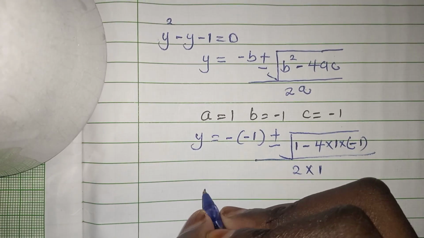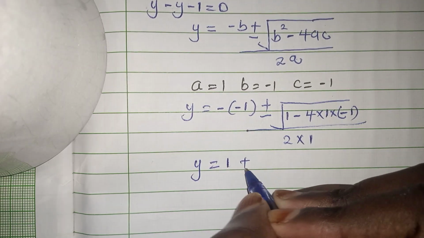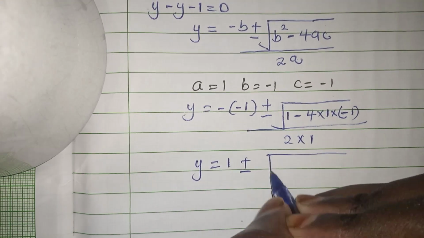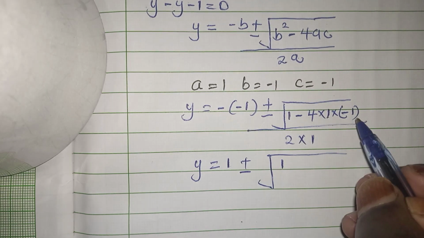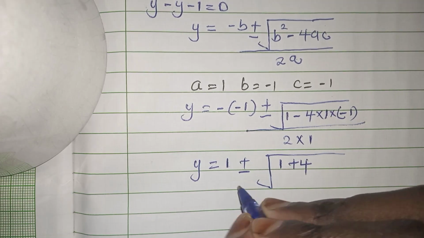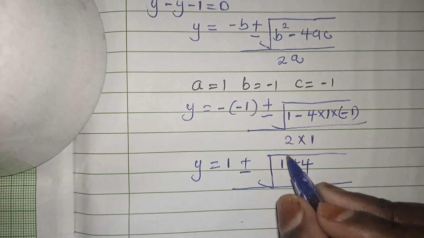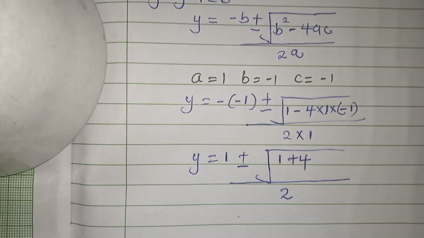So let us solve. y is equals to negative times negative, positive 1, plus or minus the square root of 1, -4 times 1 is -4, -4 times -1 is +4, all this over 2 times 1, 2.